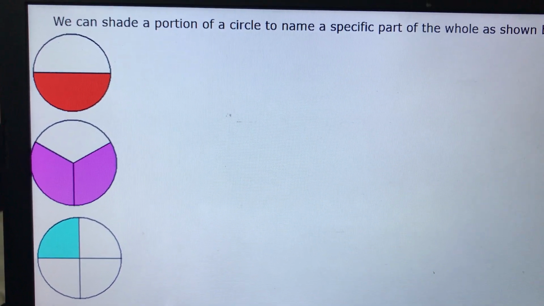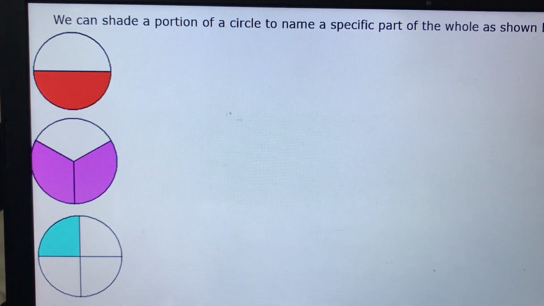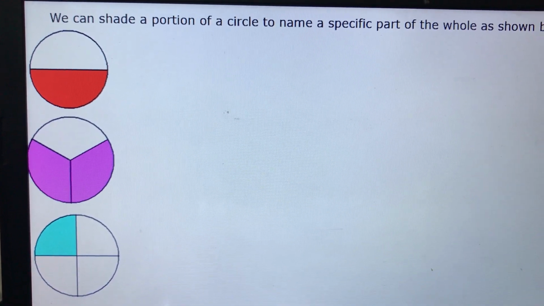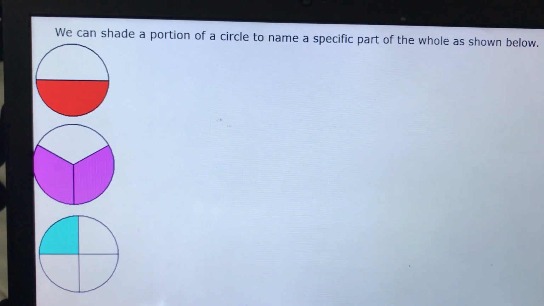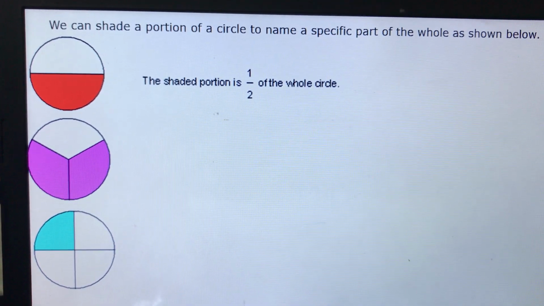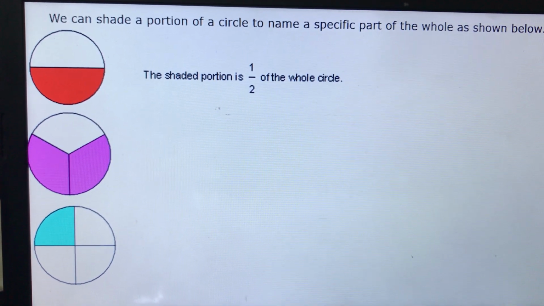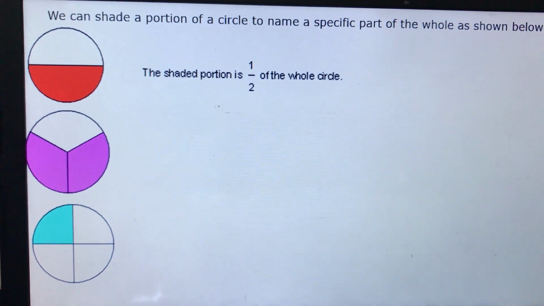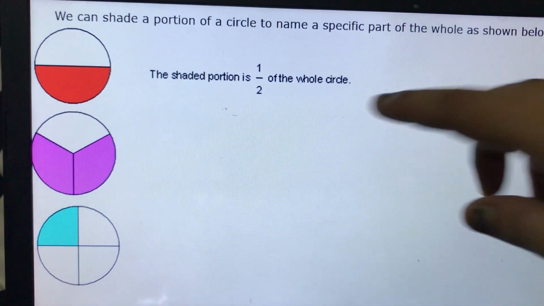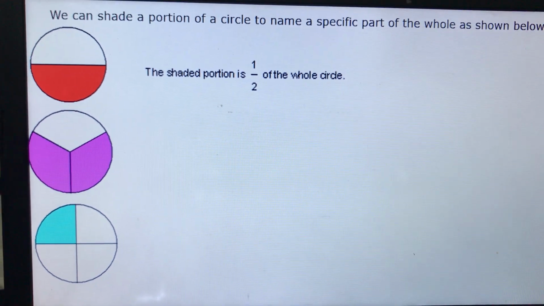Now if I shade a portion of the circle, suppose in the first circle I have shaded half of the circle with the red, then how will I write it? The shaded portion is half of the whole circle. We say it half. So half, when we will write it, it means on the upper side I will be writing which is shaded.